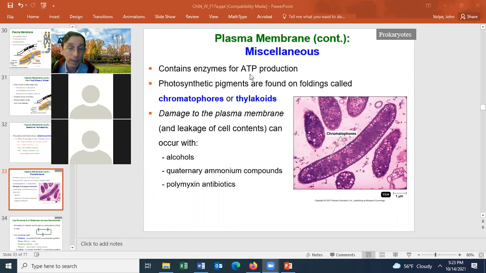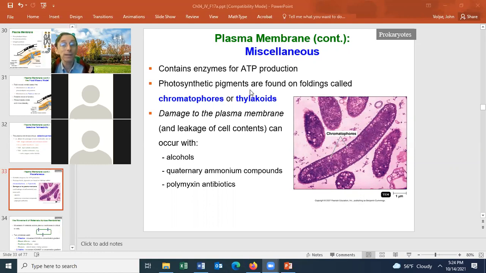For the photosynthetic bacteria and the photosynthetic archaebacteria, that is where we have the photosynthetic pigments found in these cells. Now, this is for the photosynthetic bacteria and the photosynthetic archaea, not the photosynthetic eukaryotes. Plants and protists, which are photosynthetic, do not have the pigments for photosynthesis found in the plasma membrane.